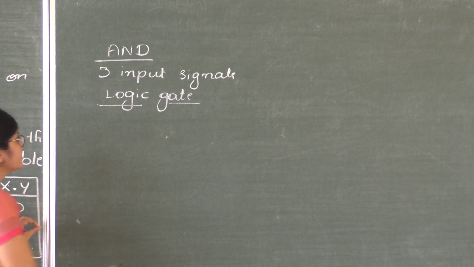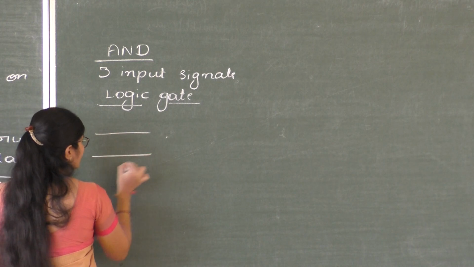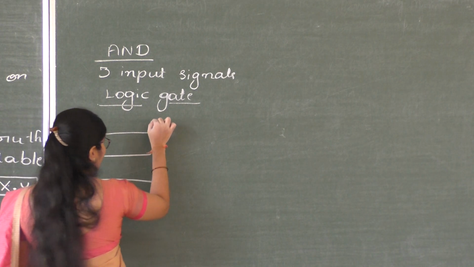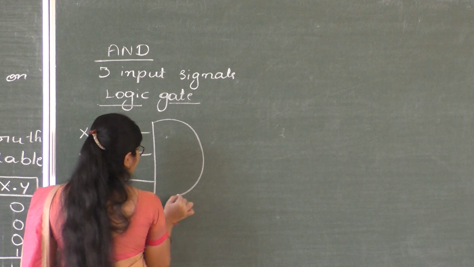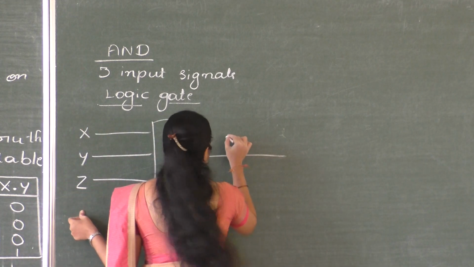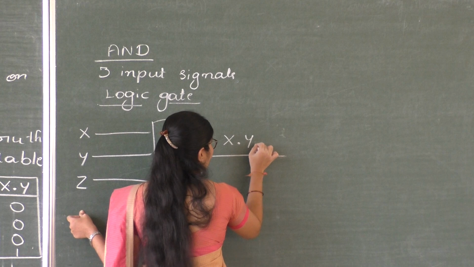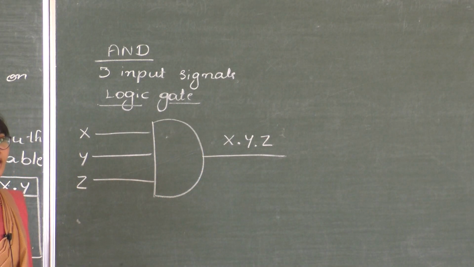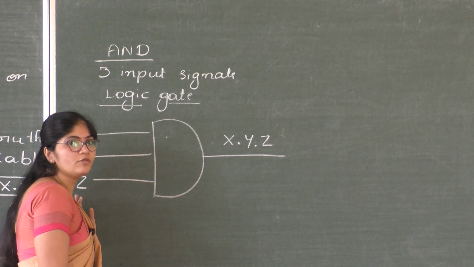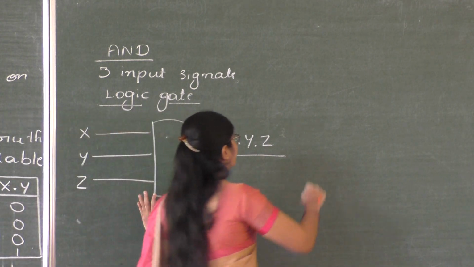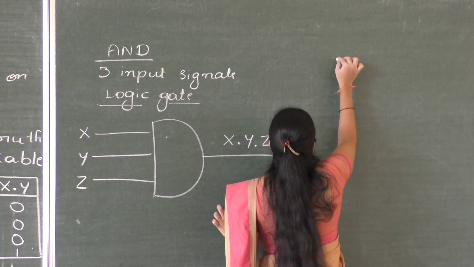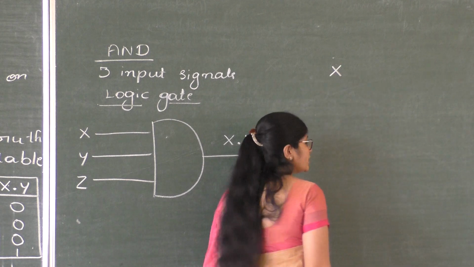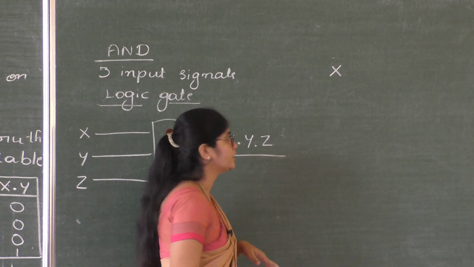In 3 input signals, the signals are X, Y, Z. X, Y, Z are the 3 signals, and output is X dot Y dot Z. Now, truth table for 3 input variables. X, Y, Z are the 3 variables. So if there are 3 variables, there should be 8 combinations.